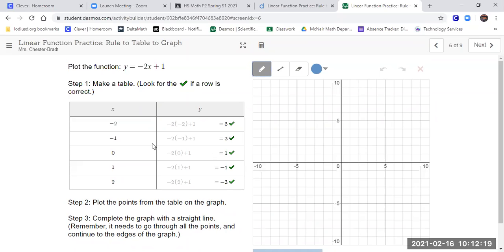Before I even get started doing a table or a graph, what about the rule made it not proportional? Not about the table, not about the graph. What in the rule shouts at us that this is not proportional?